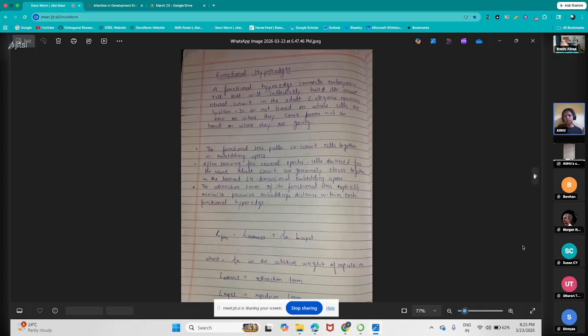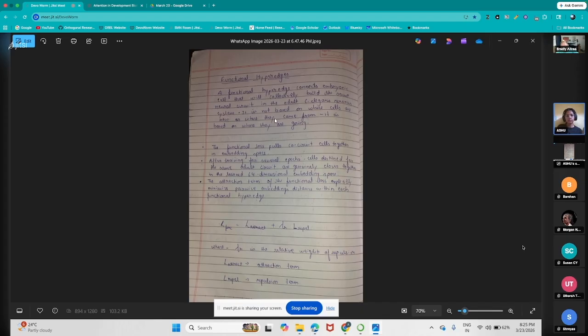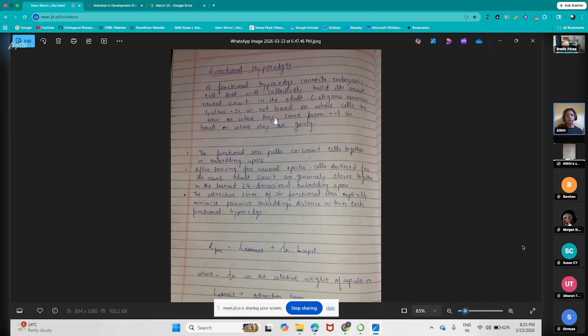And this is the functional hyperedge that should be integrated before the dynamic hypergraph. The functional hyperedge connects embryonic cells that will collectively build the same neural circuit in the adult C. elegans neuron. It is not based on where cells are now or where they come from. It is based on where they are going.